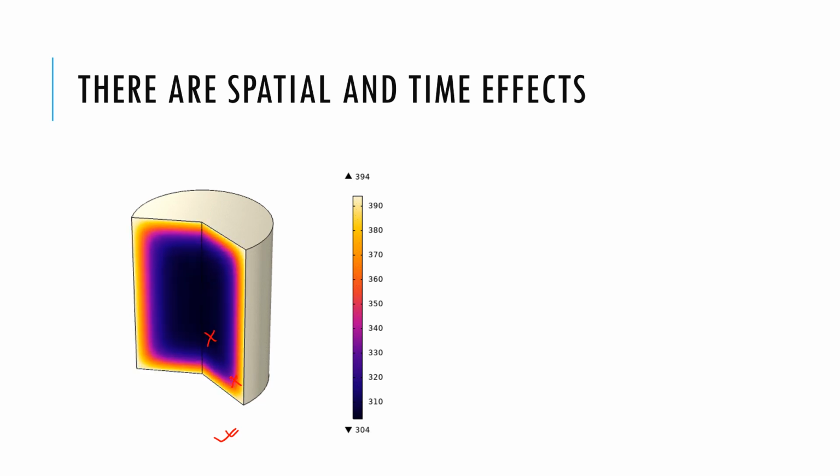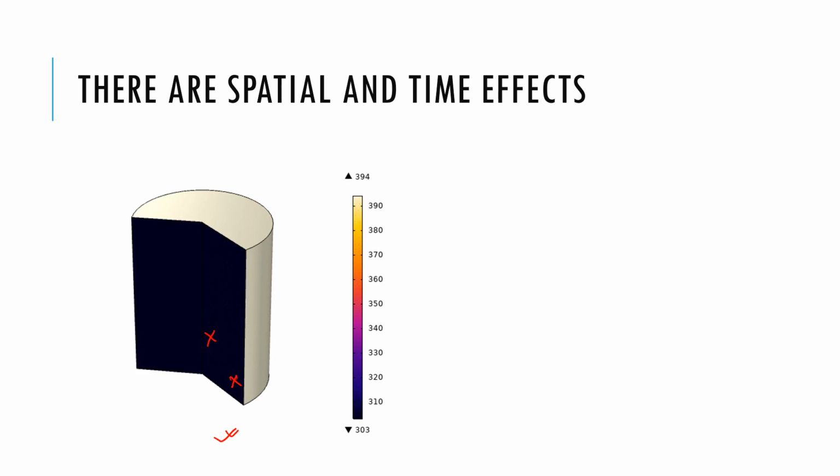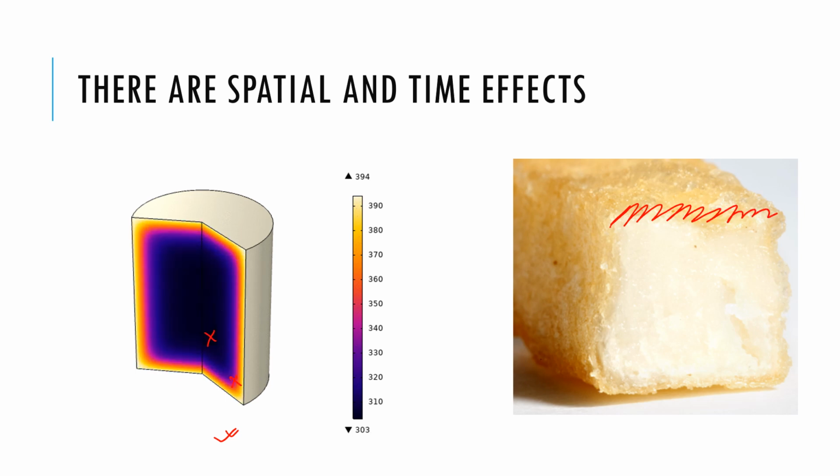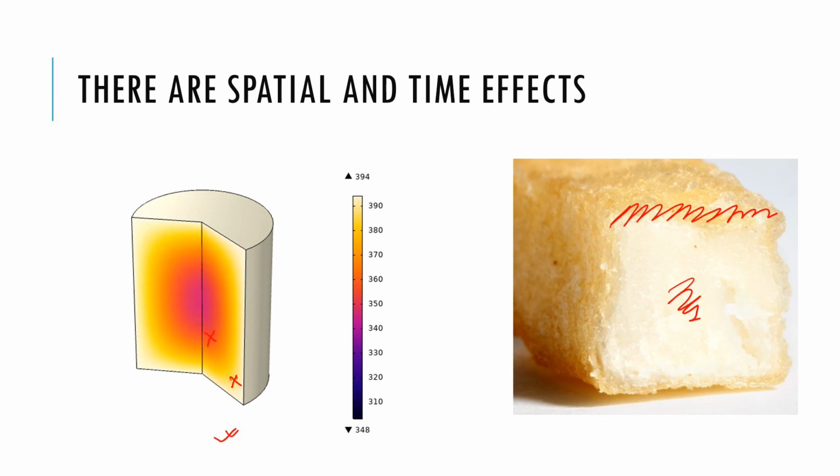These spatial effects of food processing are fairly obvious. Here's an example where it's very obvious. It's a French fry that is fried, and you see this region is crusty, whereas this is the core that is much softer. So there are spatial variations of quality.